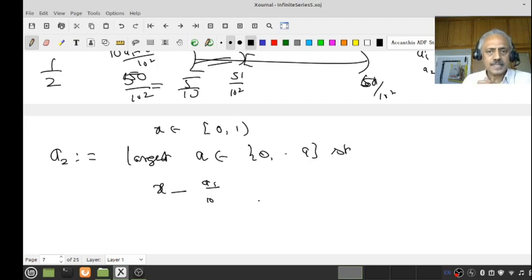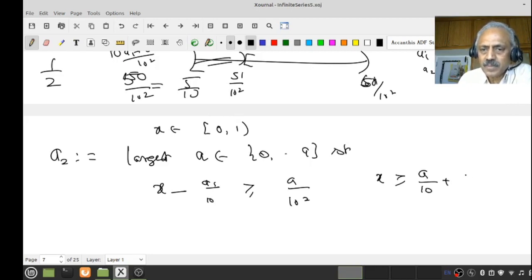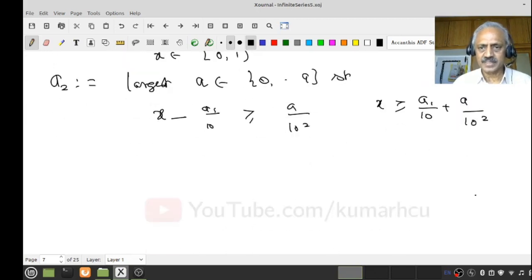What do I want? The largest A with the property that x is greater than or equal to A1 by 10 plus A by 10 squared. That is the largest. Make sure you understand that.